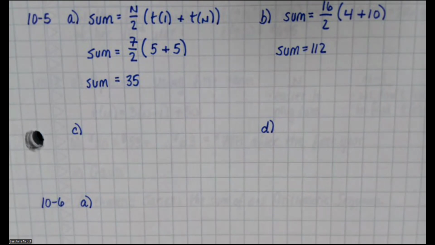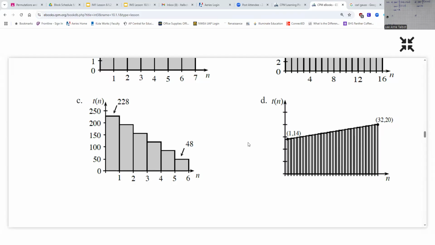Okay, C. Sum equals. How many bars are there? 6. 6 over 2. What's the height of the first bar? 228. What's the height of the last bar? 48. Nice.